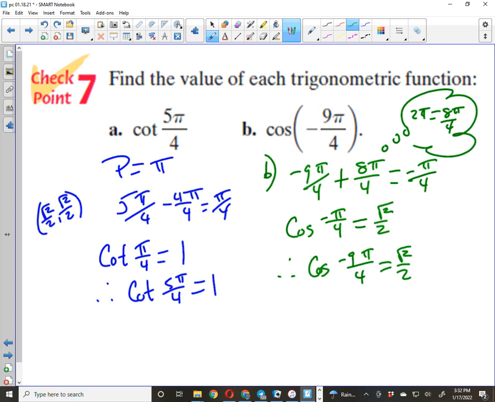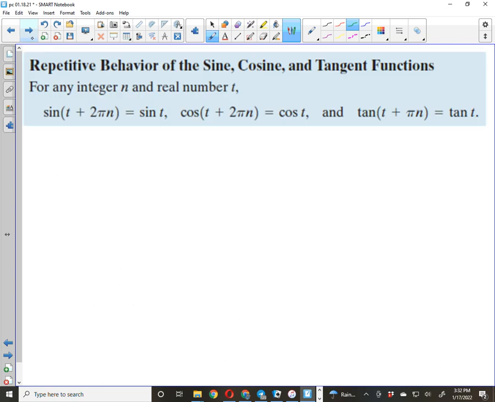Hopefully that makes some sense, you guys. You're looking for coterminal angles. It's just another way of looking at it. These functions are periodic and the answers will repeat. Repetitive behavior of all these functions, and it doesn't just have to be 2 pi for sine, it can be a multiple of 2 pi.